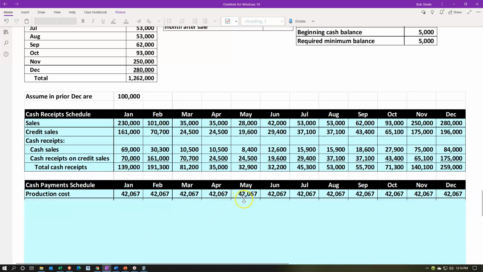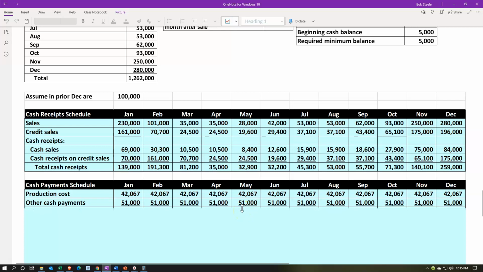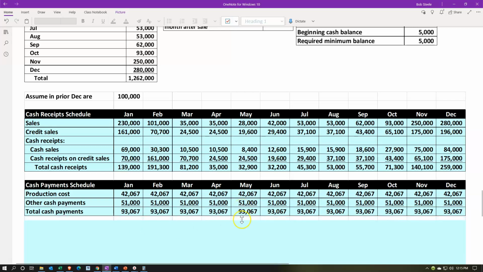And then the other cash payments that we're going to be having on that is going to be the 51,000 for other cash payments. So if I was to add those two up, the cash payments then are going to be the 93,67.